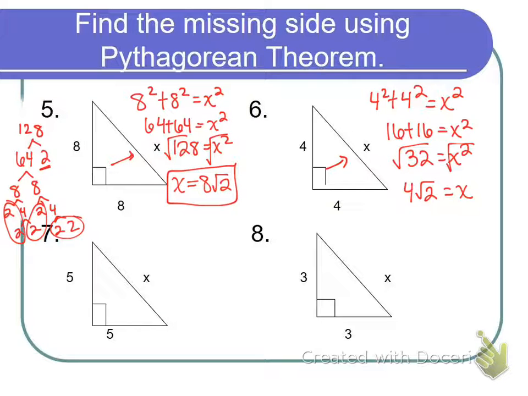Box in my answers. Anybody seeing a pattern here? Yeah, they're all ending with a radical 2. And what else is special about them? You compare the answer to the original triangle.